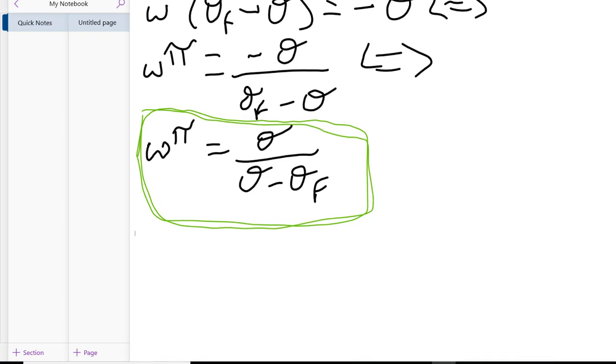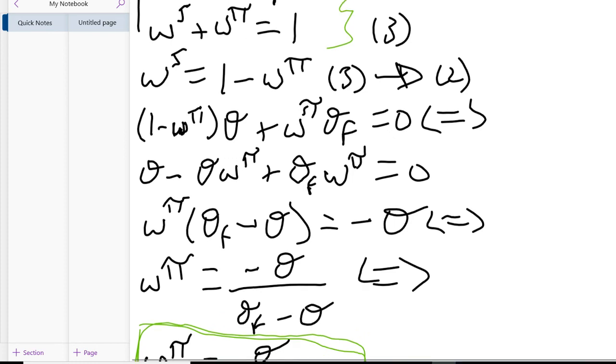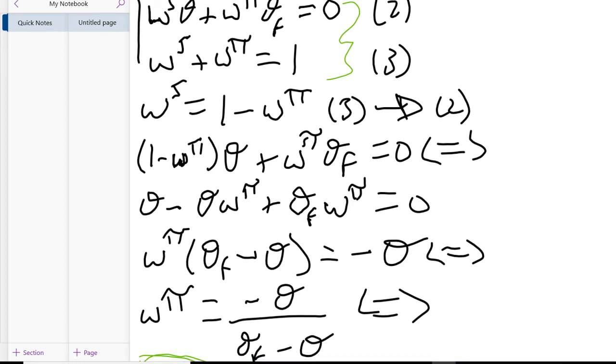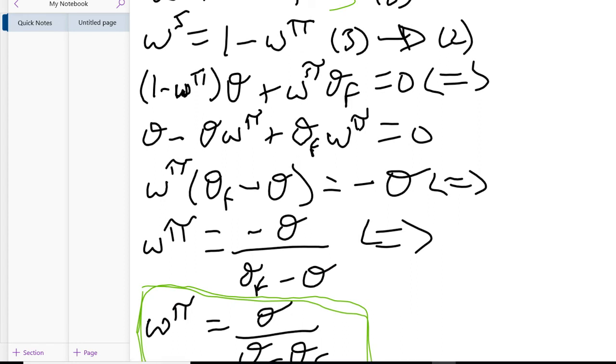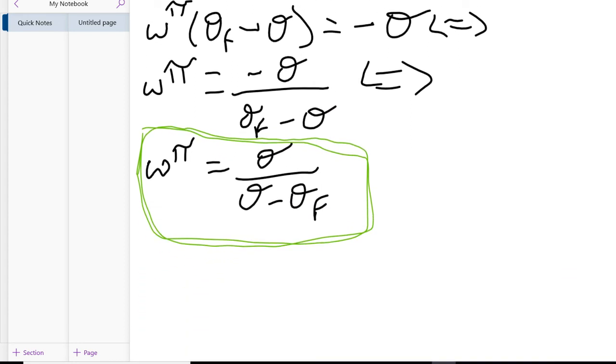So now we did that by manipulating 3, putting it into 2, so we'll go back down to 3 to find the weight of S. So we know that w_S plus sigma over (sigma minus sigma_f) needs to be equal to 1 again.